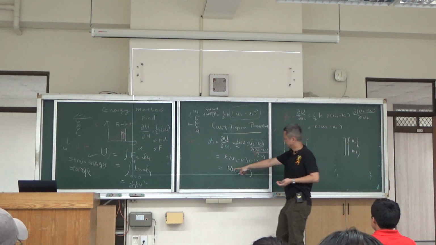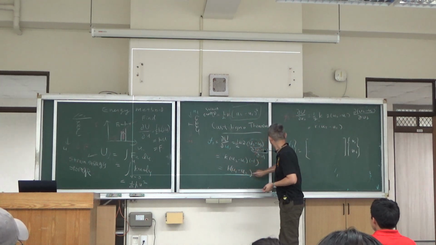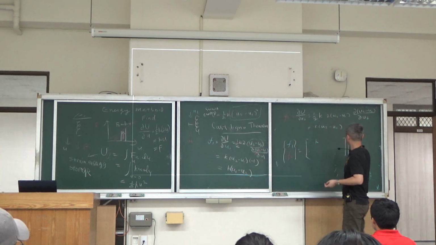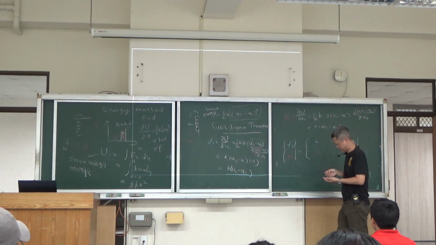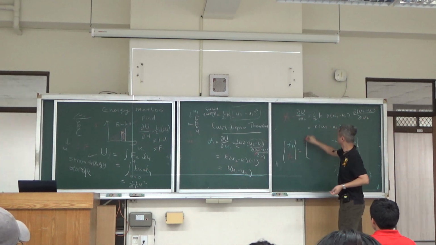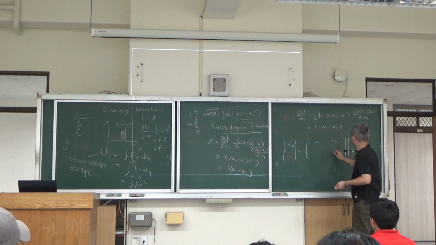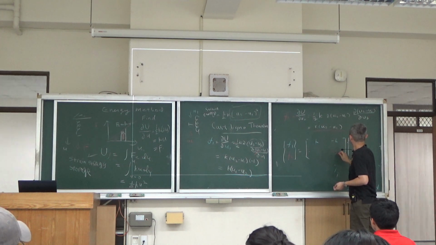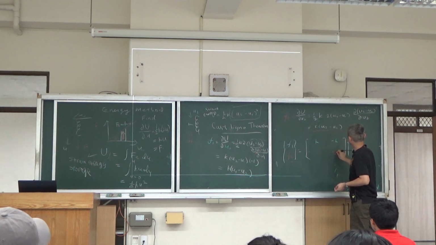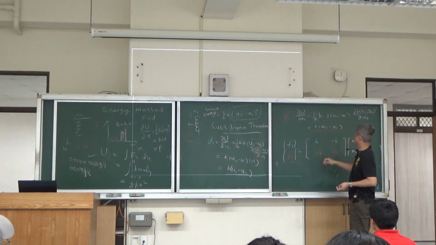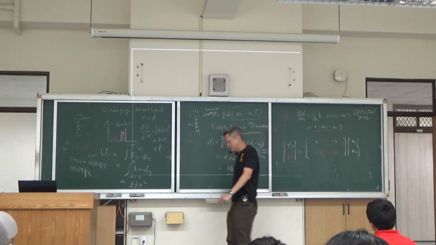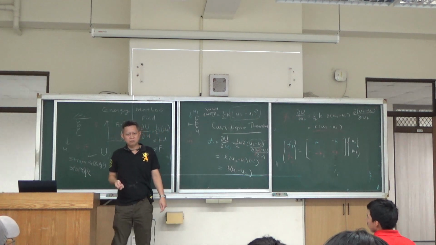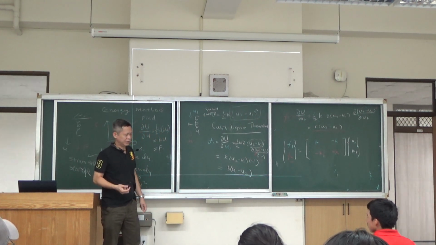So F1 is the first row: this is going to be k u1 minus k u2. And then next, how about this force 2? That is positive k u2 minus k u1. So in this way, you obtain the same truss element as we did.